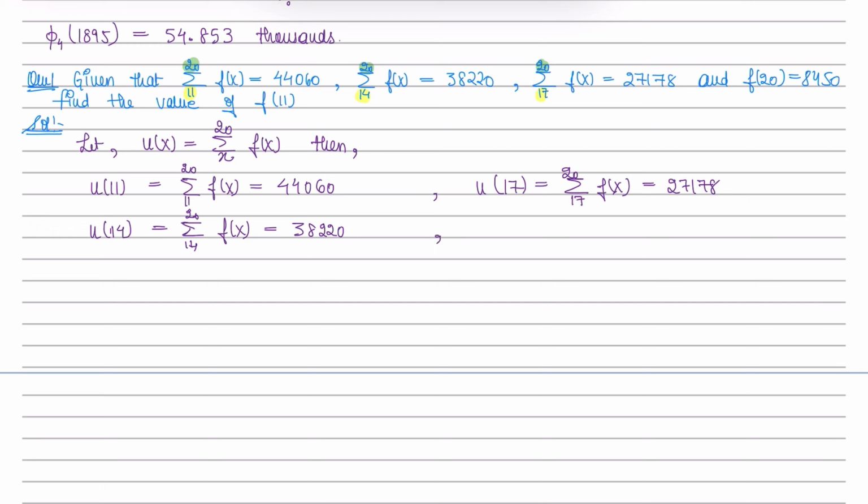And finally, u of 20 is equal to summation 20 to 20 f of x, which is equal to 8450.